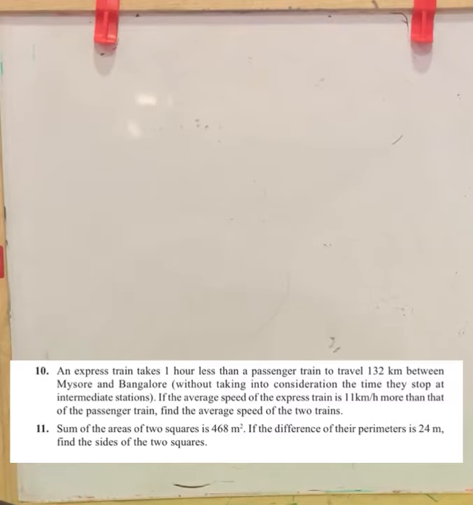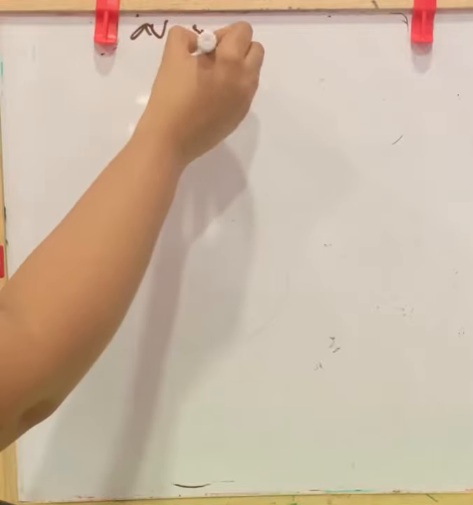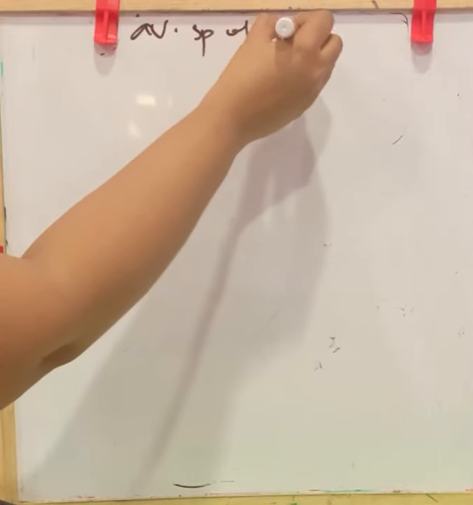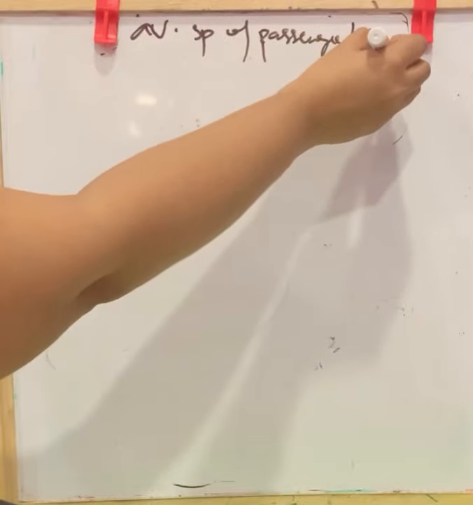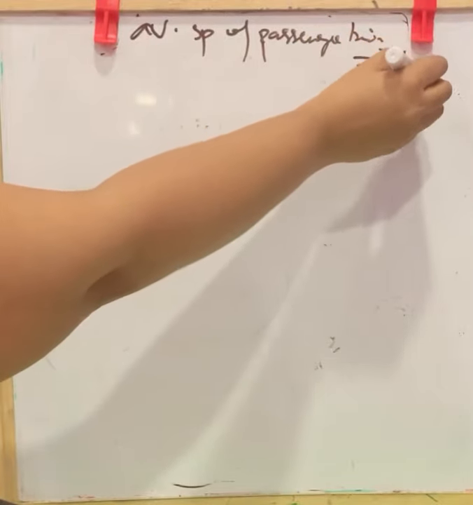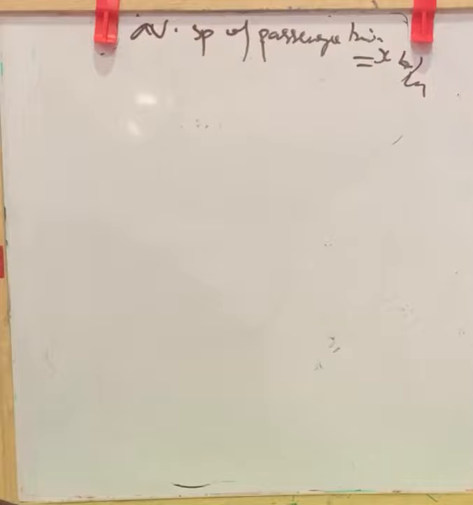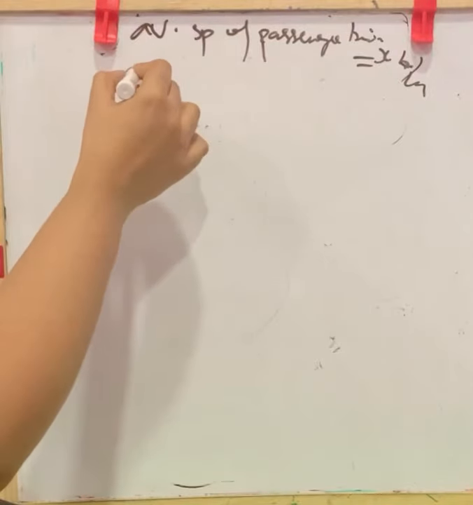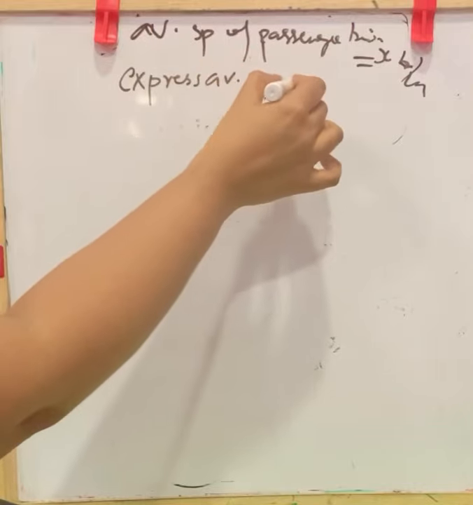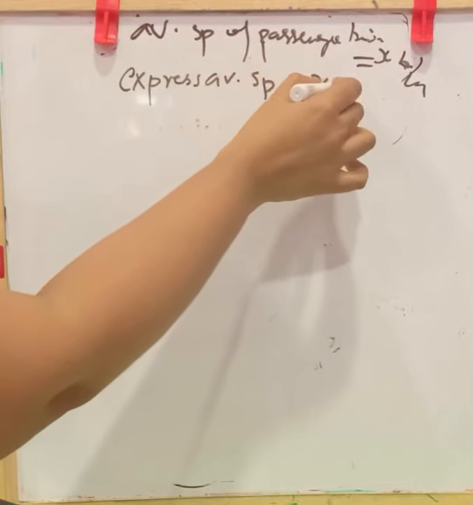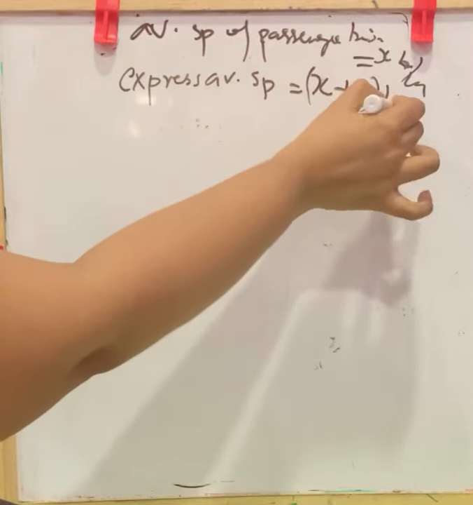So, we will take average speed of passenger train as x kilometer per hour. So that we can say express train's average speed is x plus 11 kilometer per hour.